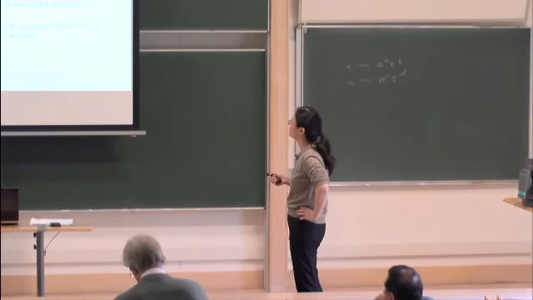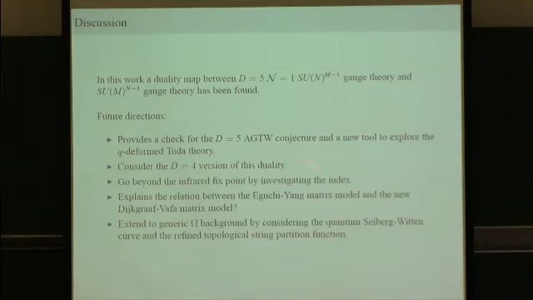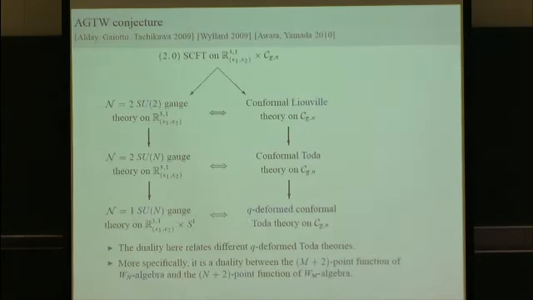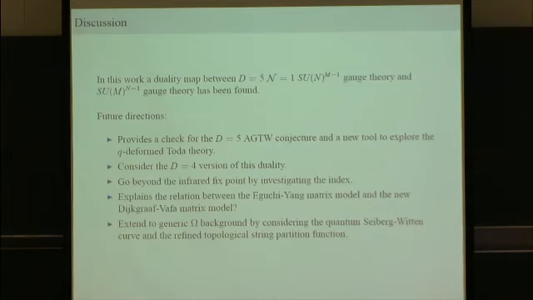So another interesting direction would be to go beyond the infrared fixed point to look at the index, for instance. And also, this AGT story, or AGTW story, can also be rephrased using matrix models. For N=2 gauge theories, two matrix models have been proposed.